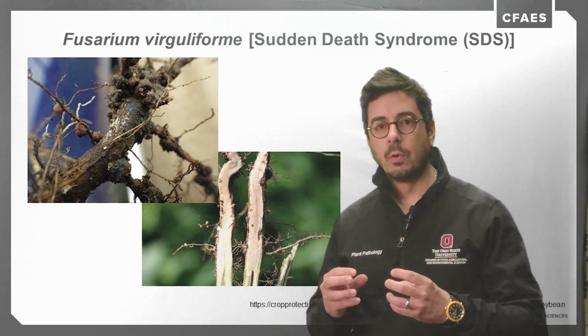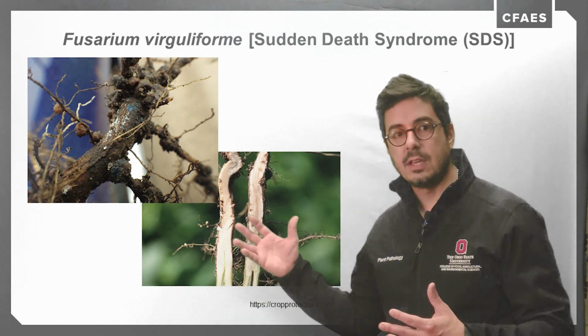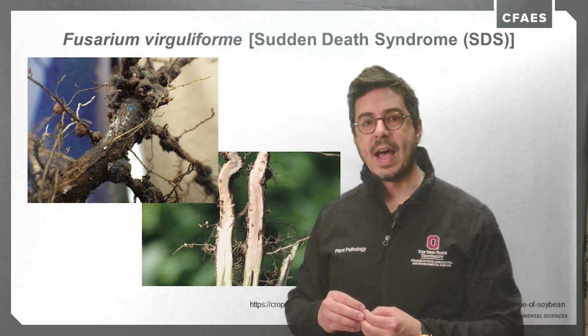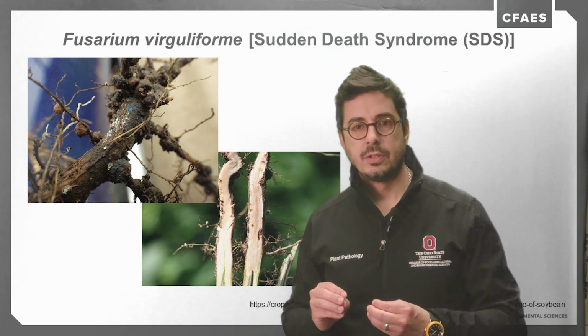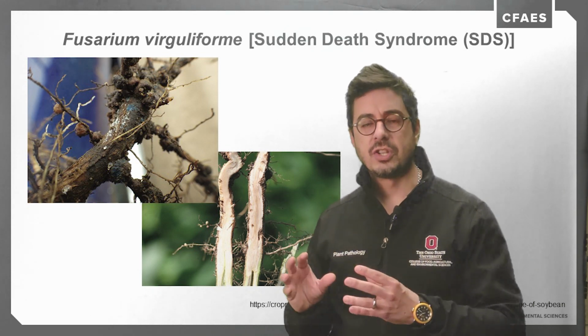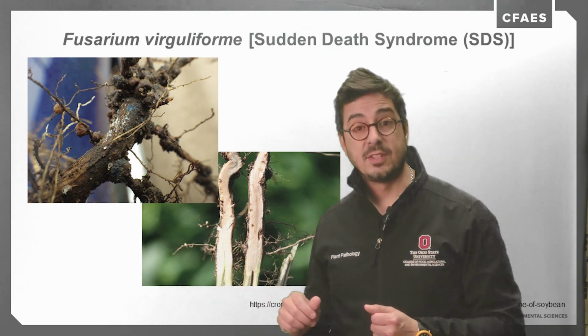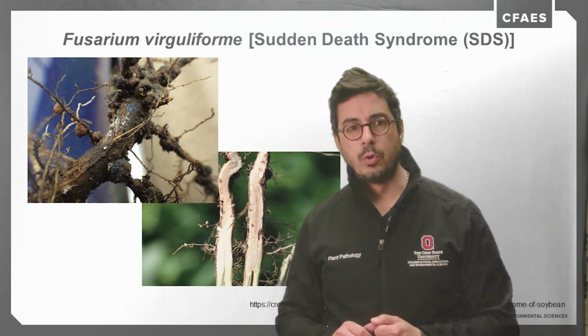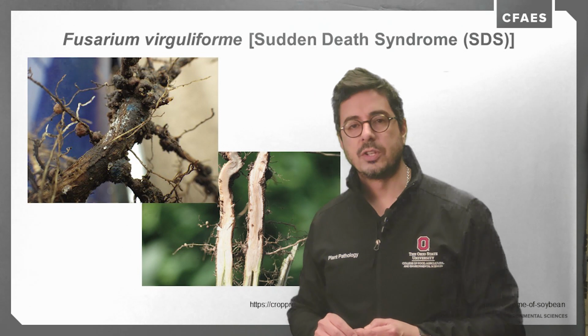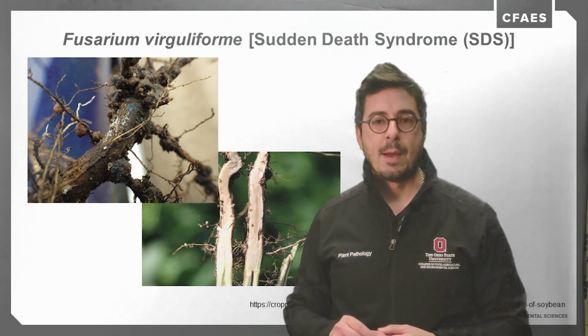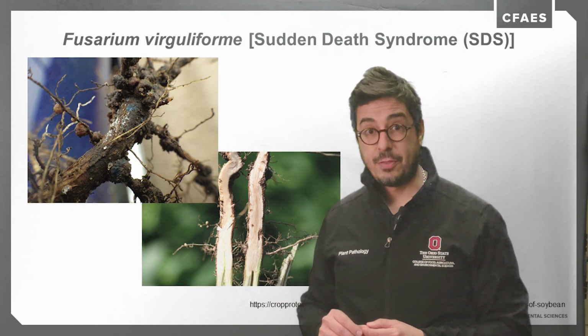The fungus will feed on the root. And as you can see here, the root is being damaged by the fungus. You can actually see the fungus growing on the root. You can see a bluish type of growth that sometimes is very obvious when we pull roots out. You can also see a discoloration in those roots, which indicates that they have been damaged by this pathogen.